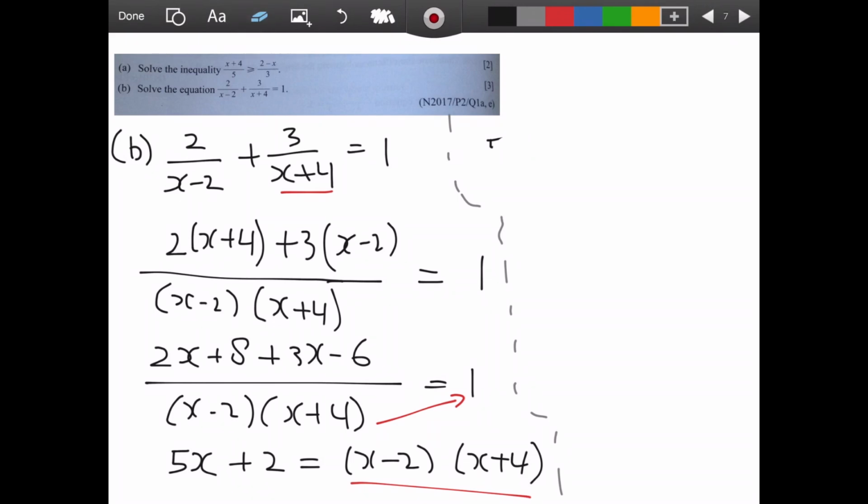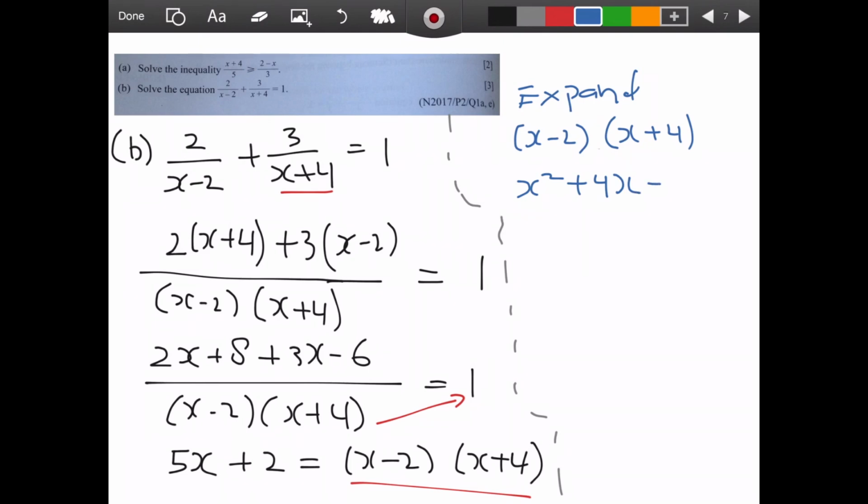we just expand (x minus 2)(x plus 4). You have x squared plus 4x minus 2x minus 8. So you have x squared plus 2x minus 8.